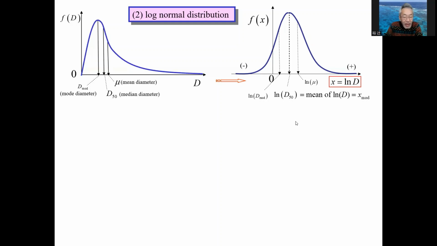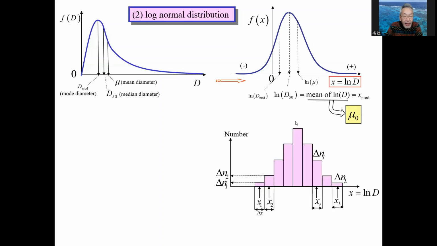These three diameters lie on the axial symmetry point. Here a new symbol mu0 is introduced for the mean of log D. That is, denote the mean of log diameter x as mu0.